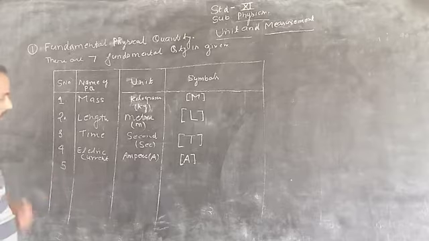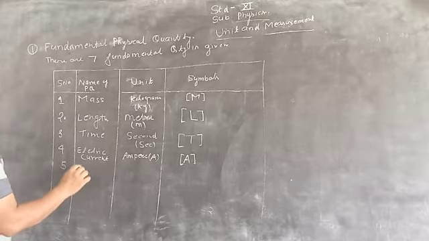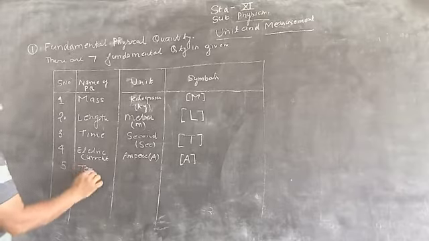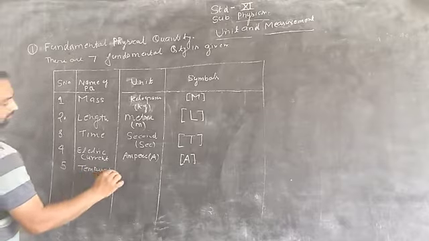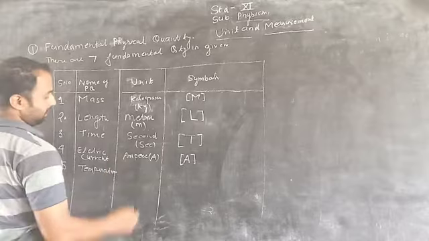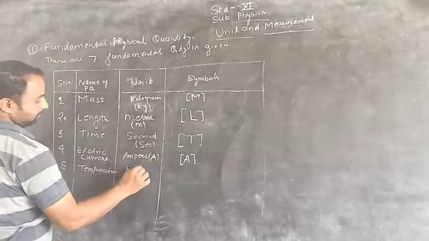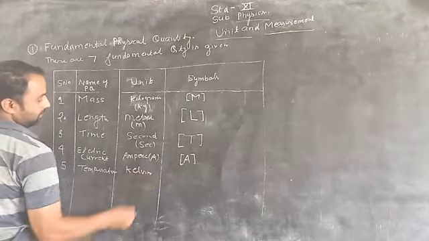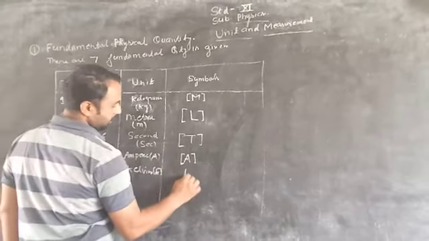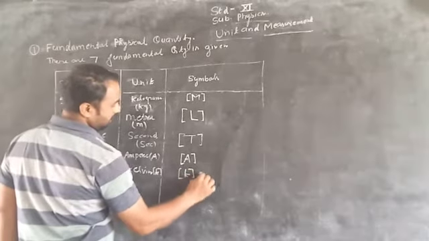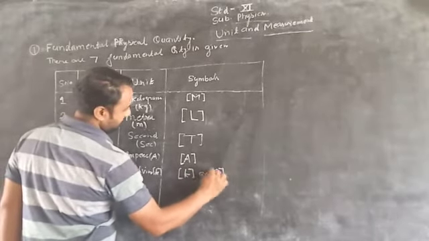The next fundamental quantity is temperature. Temperature is measured in Kelvin, and this is represented as K or theta.